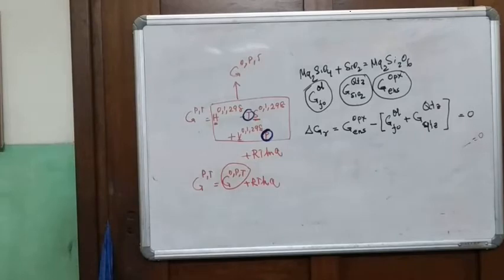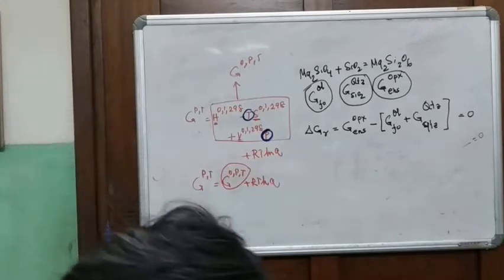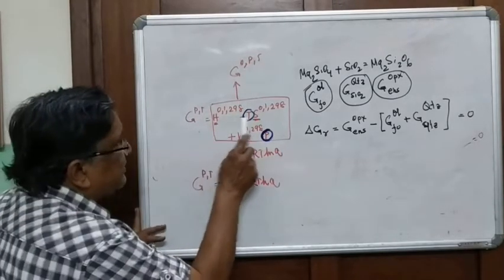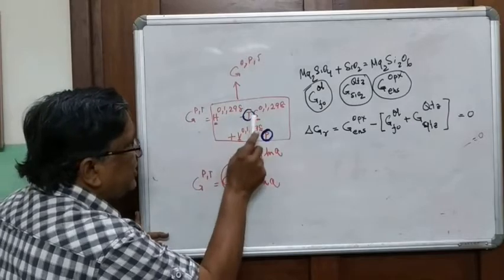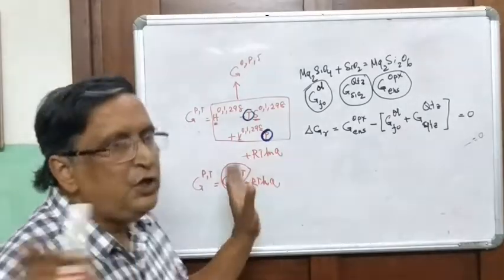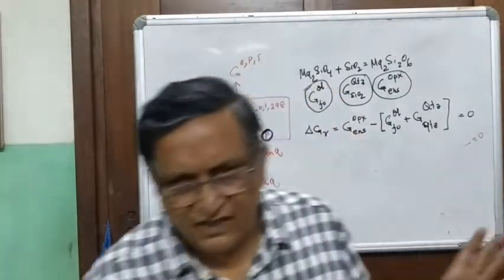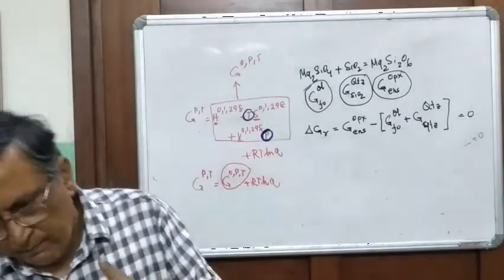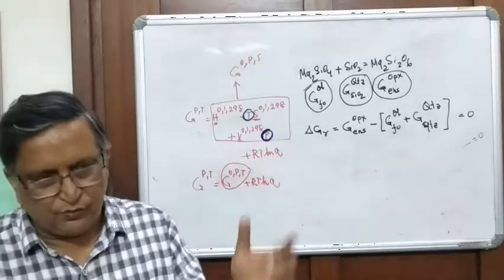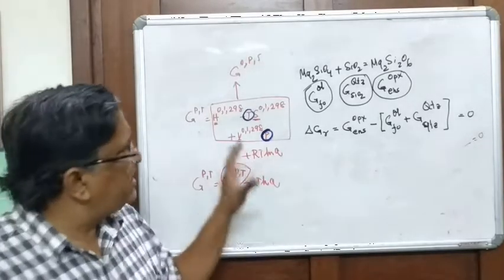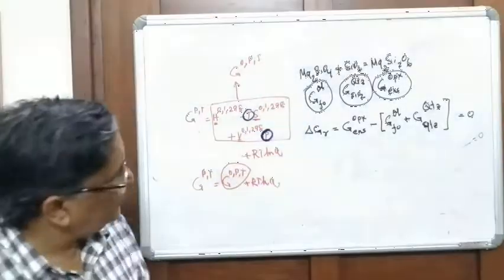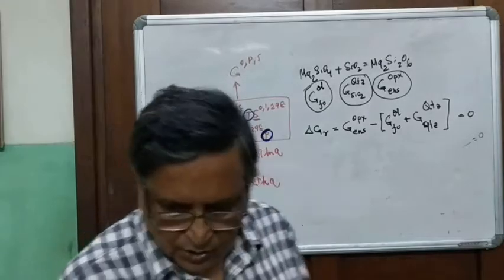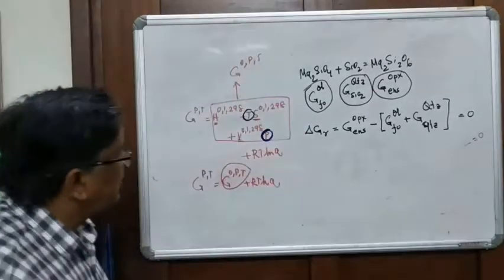Whereas these thermodynamic parameters, H, S, and V, are known almost for all phases, either from theory or from experiments or by retrieval calculations. We will do one or two retrieval calculations. These are all well known.